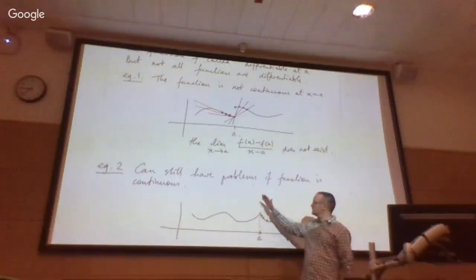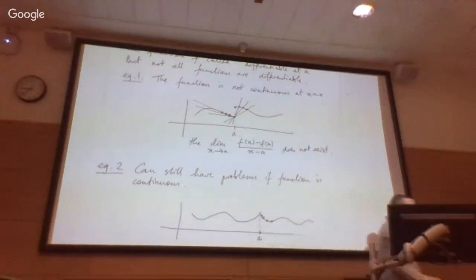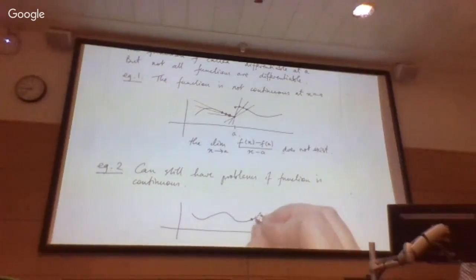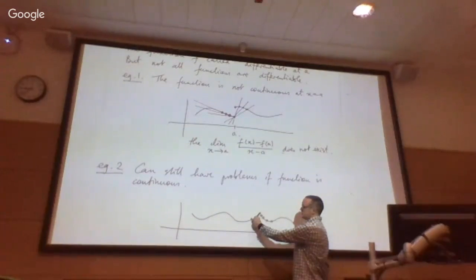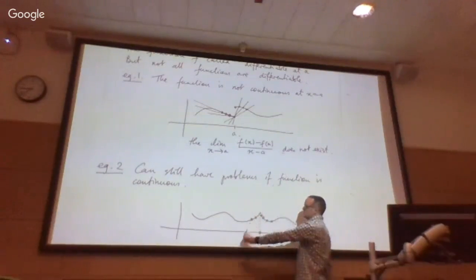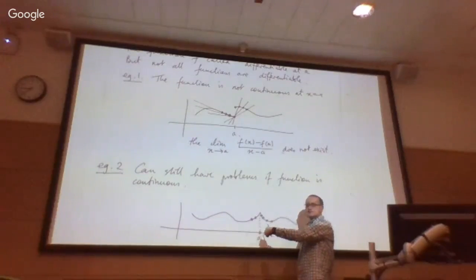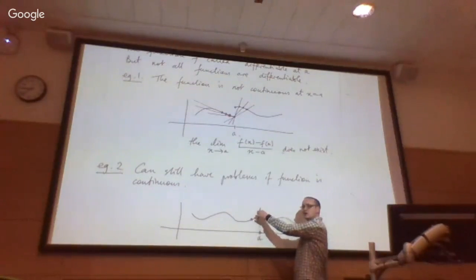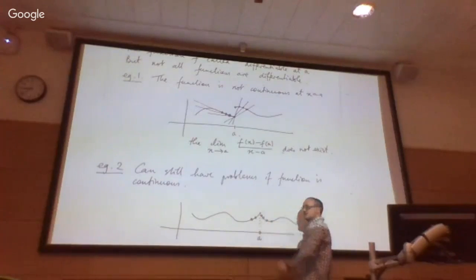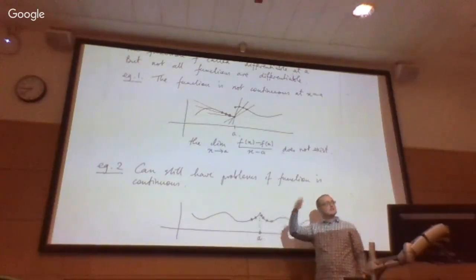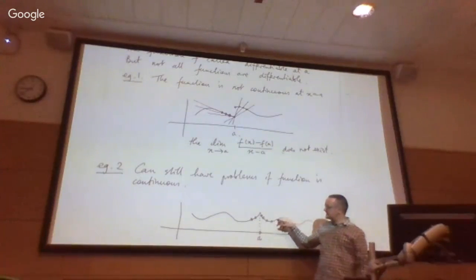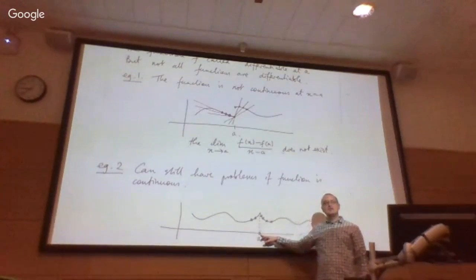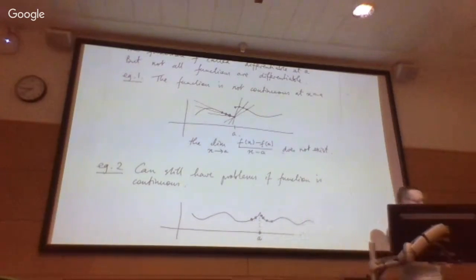Whereas if x approaches a from the left, you're going to have chords like this. Now, these are increasing chords as you move from right to left, so they've got positive gradients. And they're getting steeper and steeper, so they've got higher and higher unbounded positive gradients. So the behavior of that gradient ratio, f of x minus f of a over x minus a, is tending to plus infinity as you approach a from the left, and tending to minus infinity as you approach a on the right. So very different behavior on the left and right.